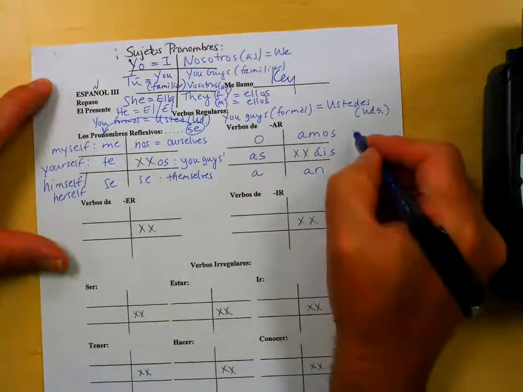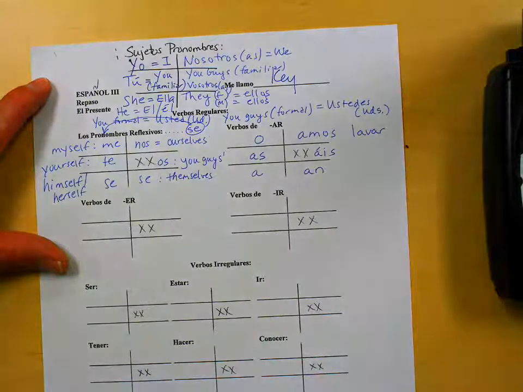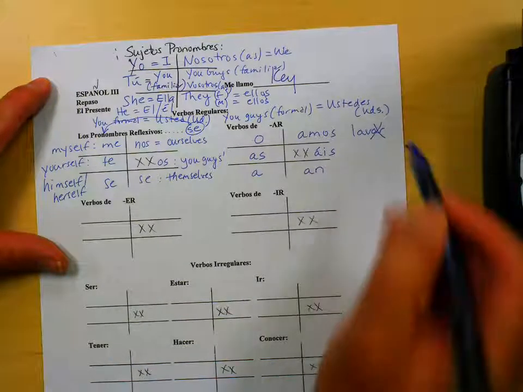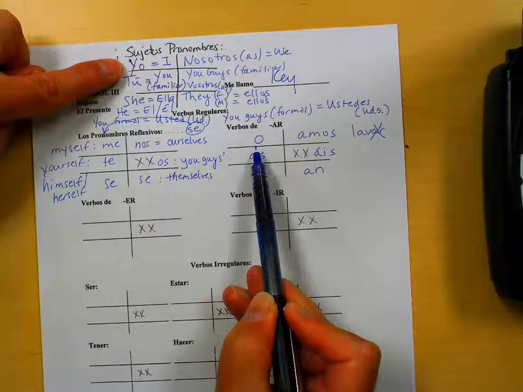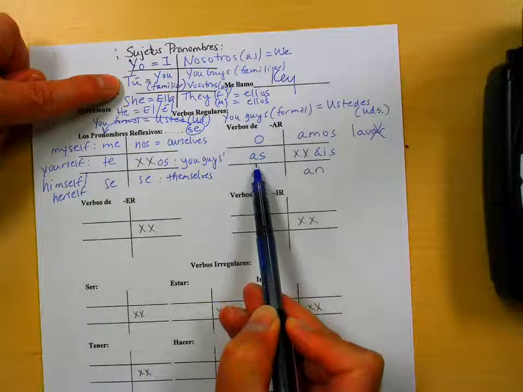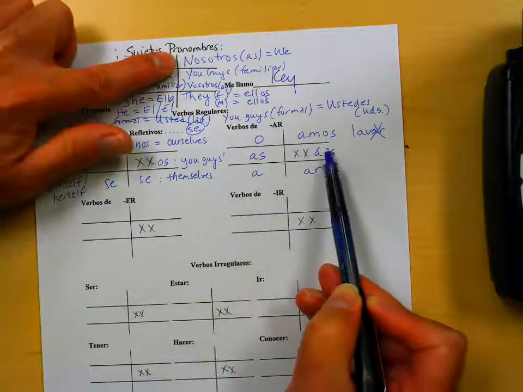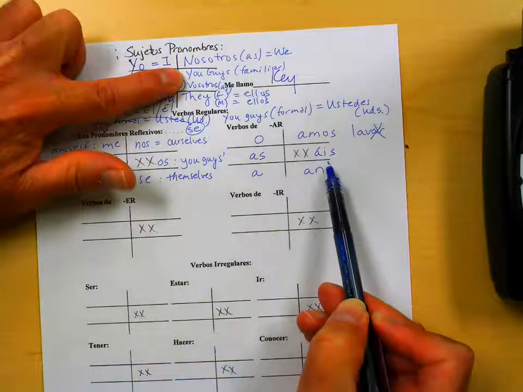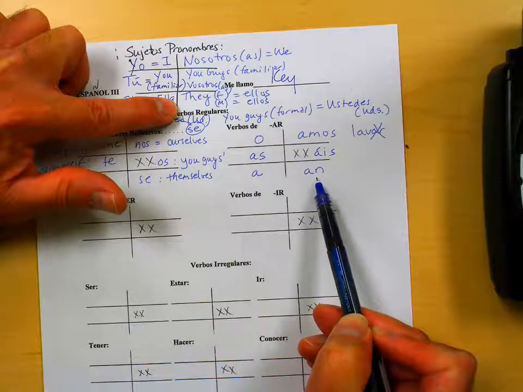If I gave you, for example, the verb lavar, and I told you to conjugate it in all forms, you would remove the AR and add these endings. So the yo form, notice yo form is up in the same box as this box that I'm in, you get lavo. Tú form is lavas, he or she form is lava. The we form is lavamos, the vosotros form is laváis, and the ellos, ellas, ustedes form is lavan.